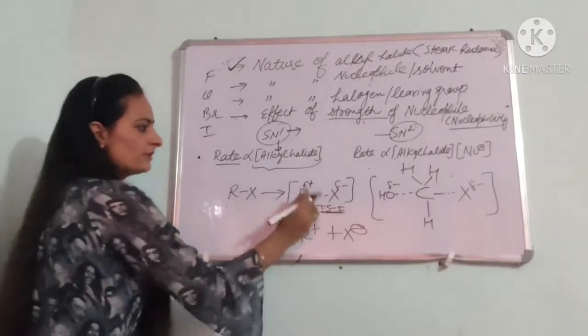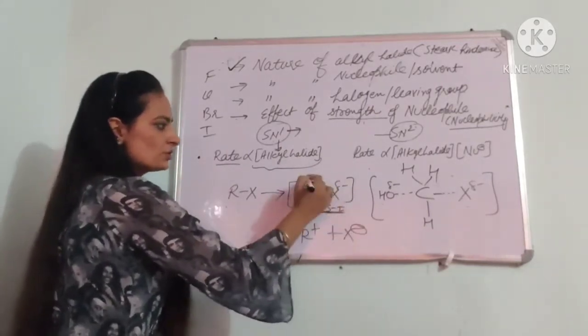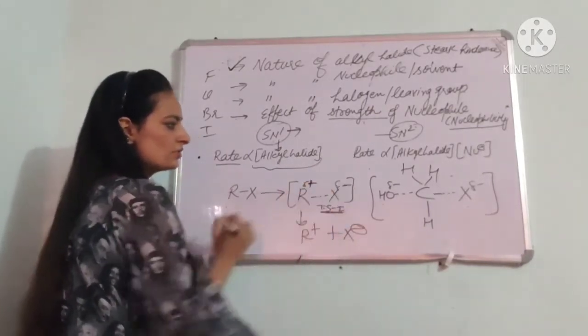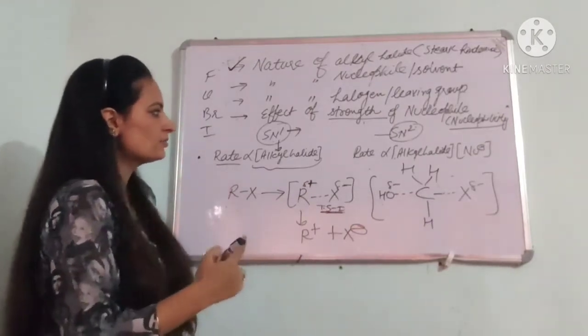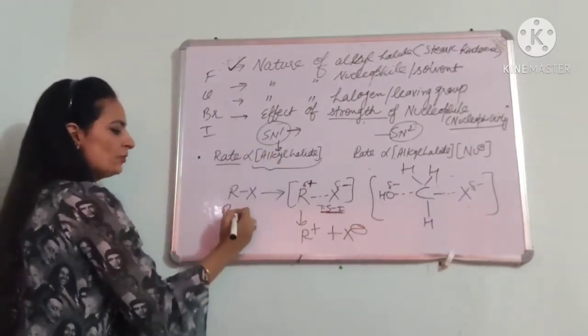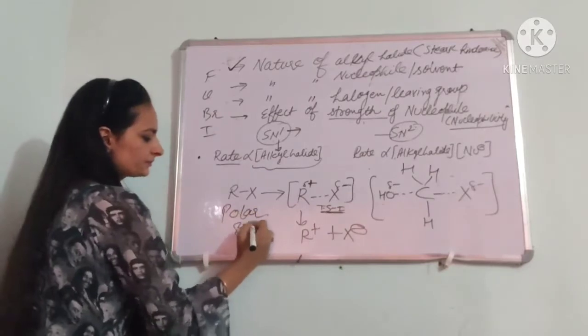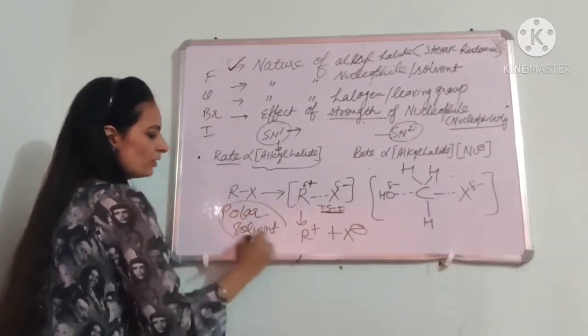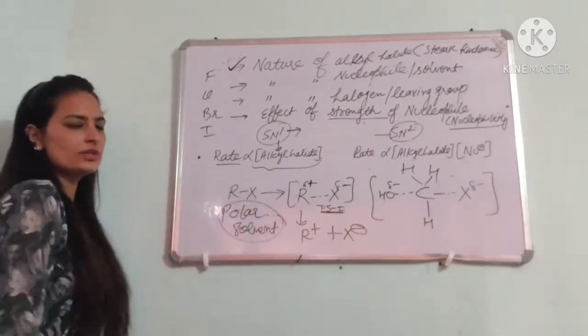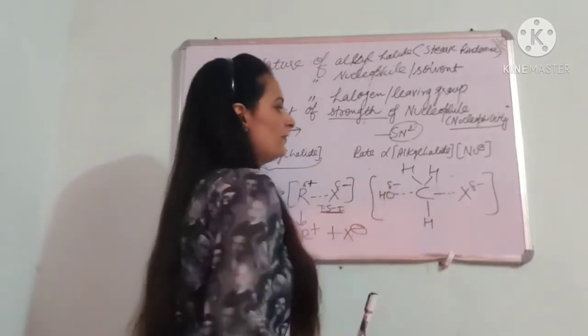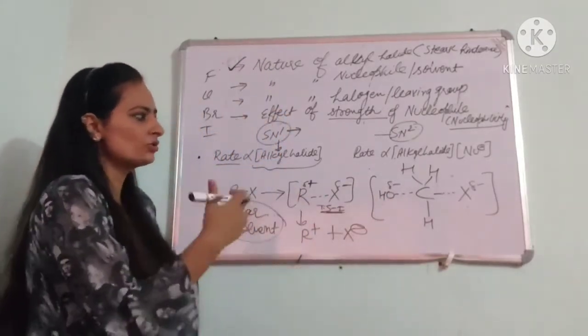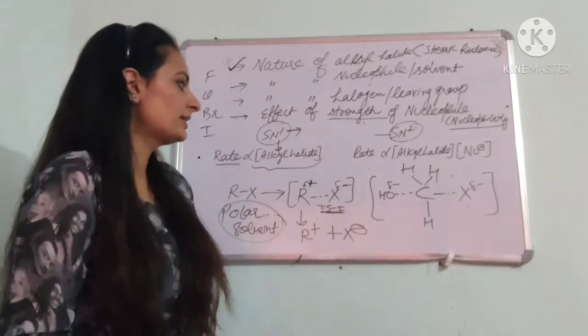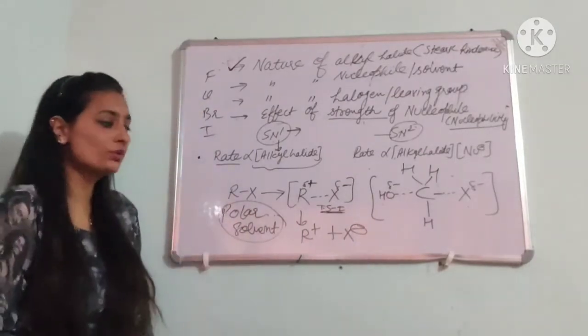Remember, polar means there is a separation of charges, plus and minus, and it is more in case of SN1 reaction. So polar solvents like water always stabilize your SN1 reaction, whereas there is no separation of charges in the SN2 transition state, there is only a minus charge.